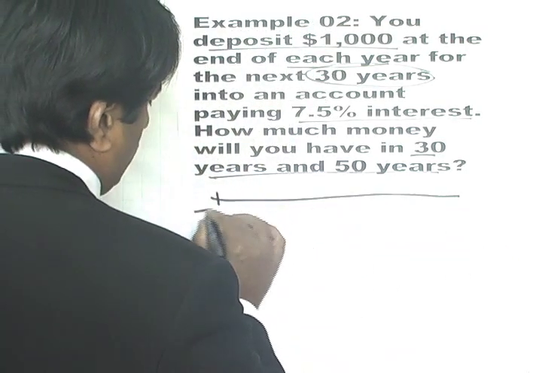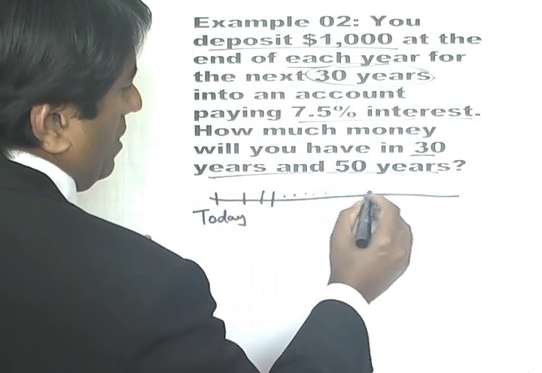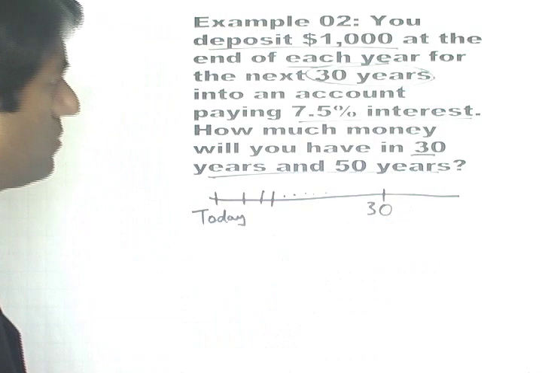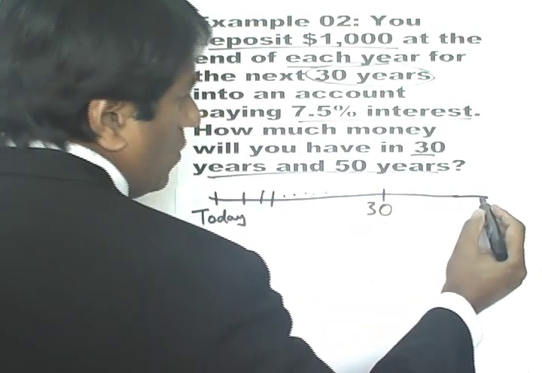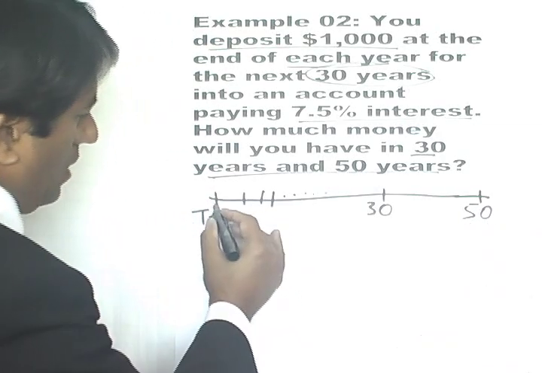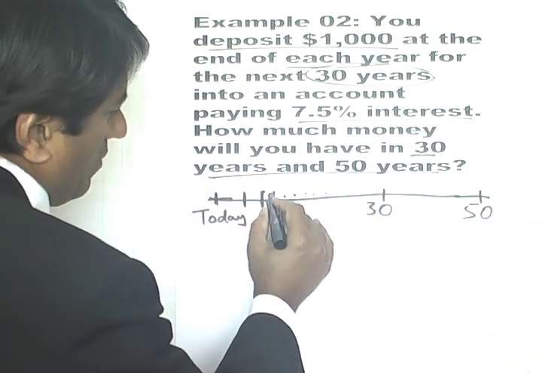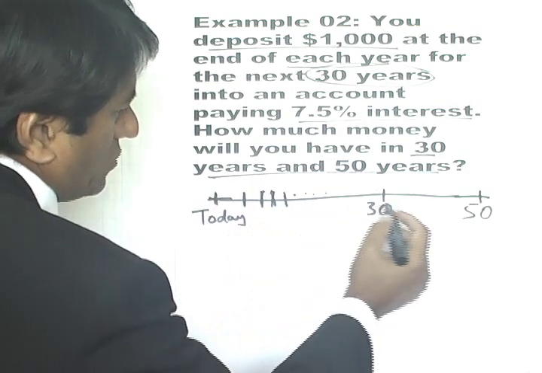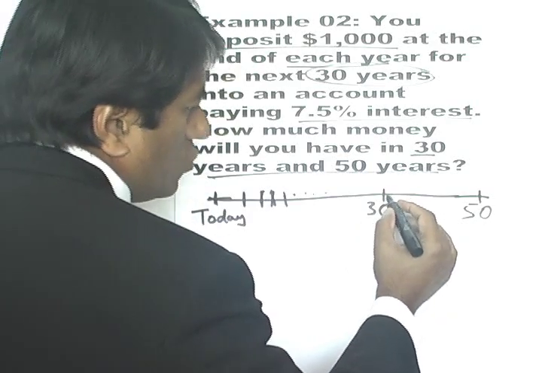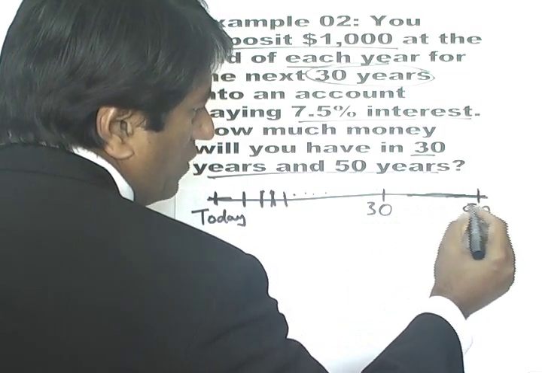Let's say this is today, and this goes on till you get to 30 years. And the second part of the question says, what if it was 50 years? So this is today, and you're going to deposit $1,000 every year for 30 years, and in the second part, $1,000 every year for 50 years.